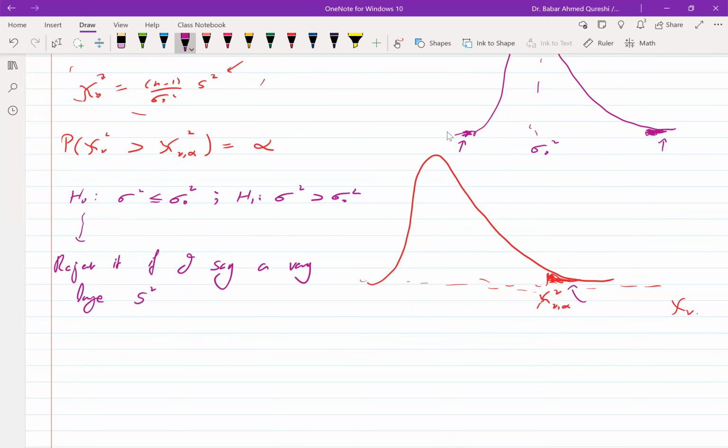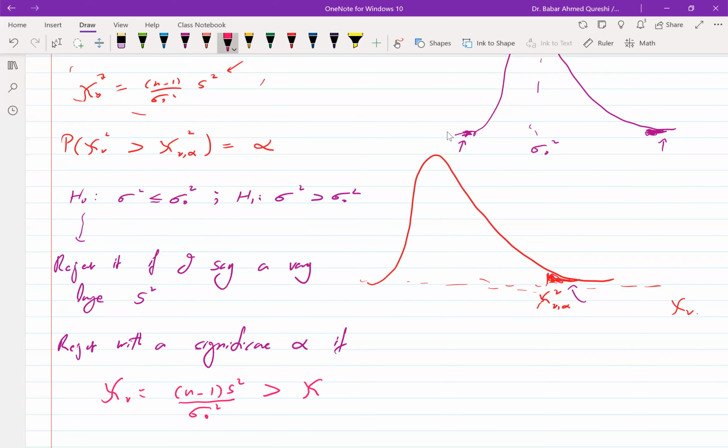So reject with a significance alpha if this chi-square you have computed, which is this number, is greater than this critical value.